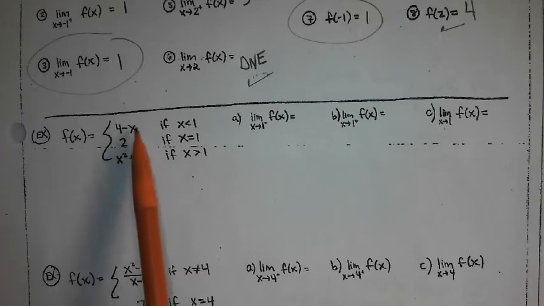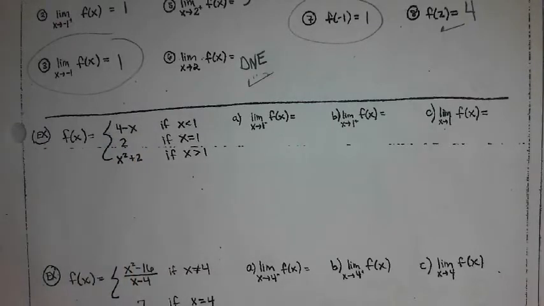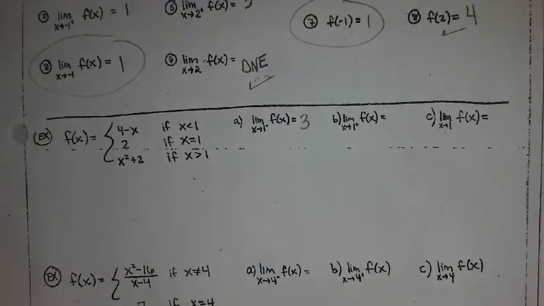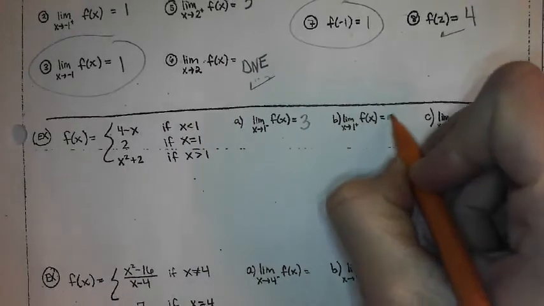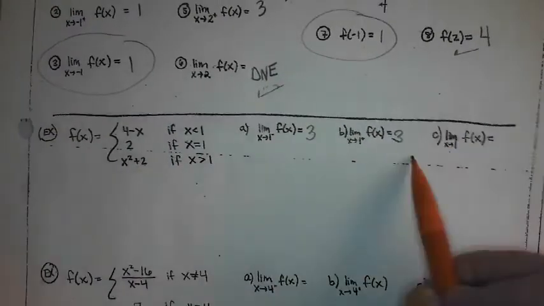So we would just plug 1 into this. 4 minus 1 is 3. What if we're approaching 1 from the right? Haley, what do you think? Which equation do we plug into? The bottom one, so what would we get? 3, correct. 1 squared plus 2 is 3.